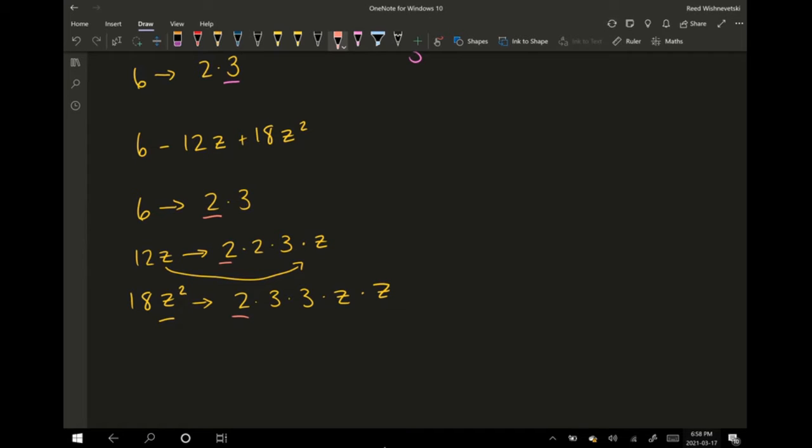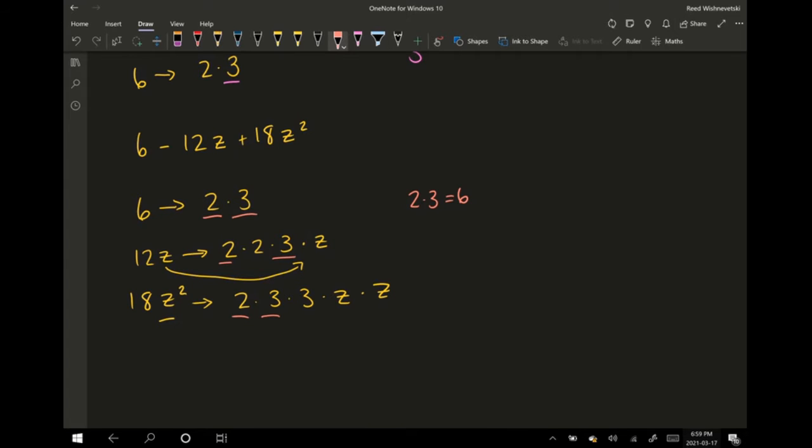What else do we have? Well, we have a 3 in the 6, a 3 here in the 12z, and a 3 down here in the 18z squared. And that's pretty much all we can take out of there. So what we're going to do is bring one set of these common factors out. So 2 times 3. That's going to equal 6.